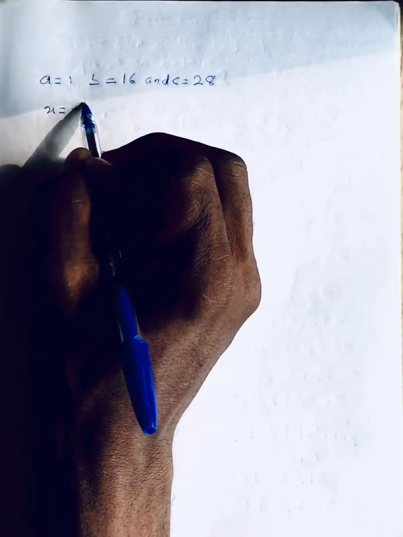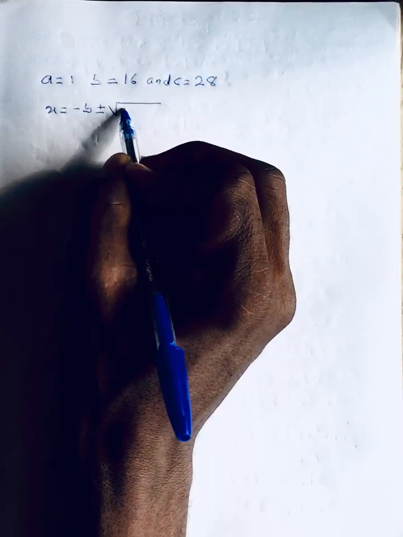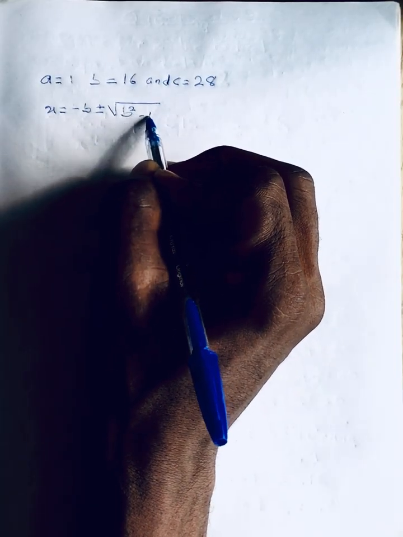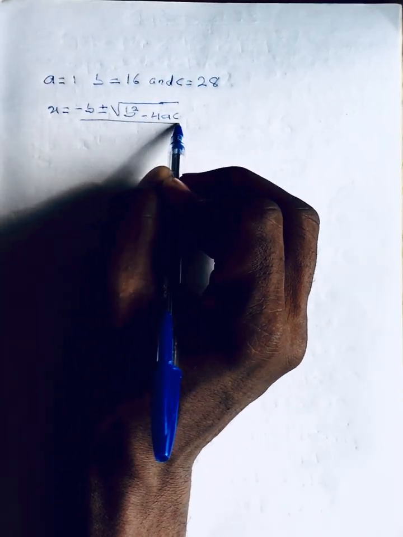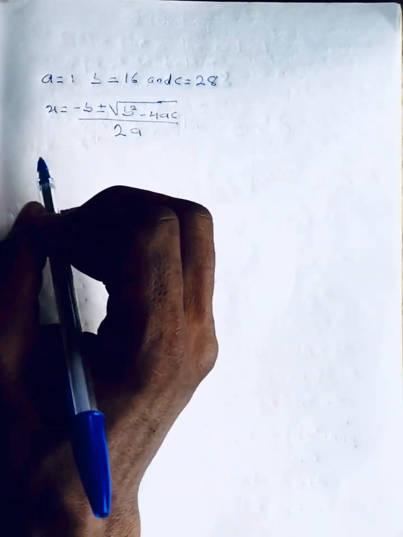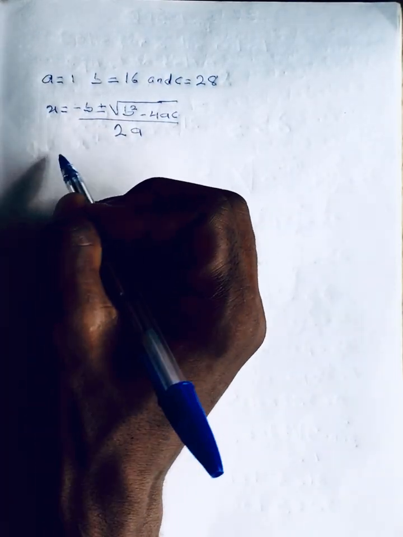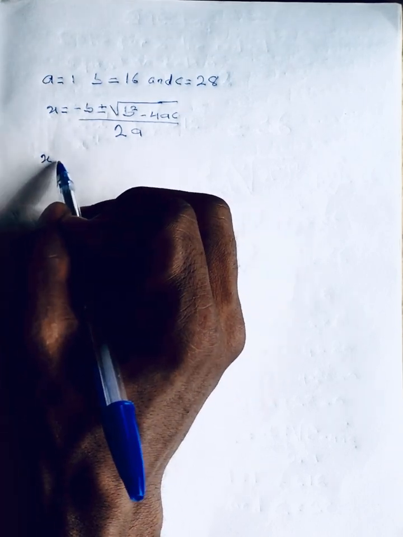The formula is negative b plus or minus root of b squared minus 4ac all over what? All over 2a. So let's try to insert the values of a, b, and c respectively.